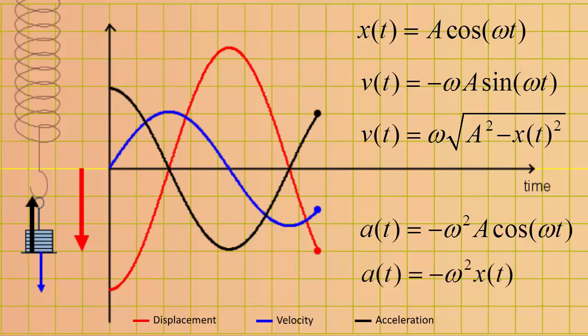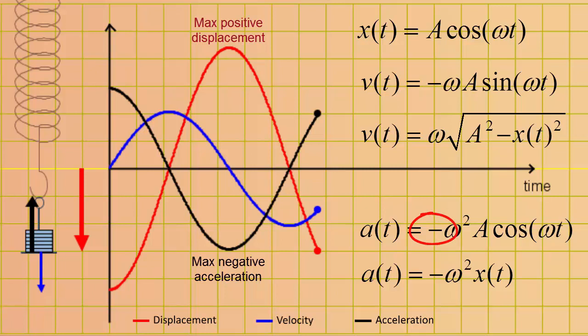So we can see that acceleration and velocity are out of phase with each other by 1/4 of a cycle. And since velocity is out of phase with displacement by 1/4 of a cycle, then acceleration is out of phase with displacement by half of a cycle. This is evident in the negative sign of the acceleration equation.